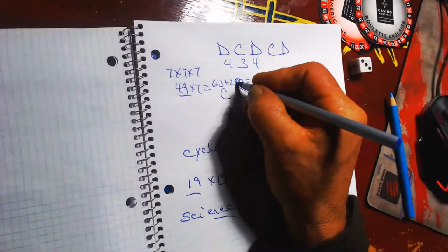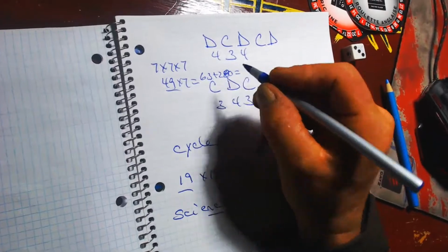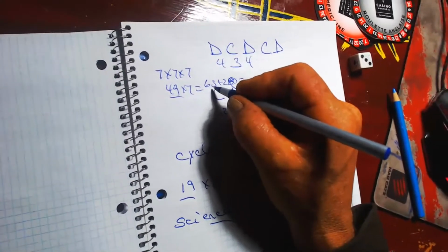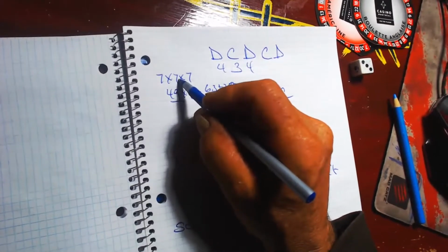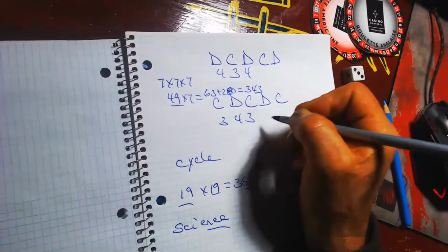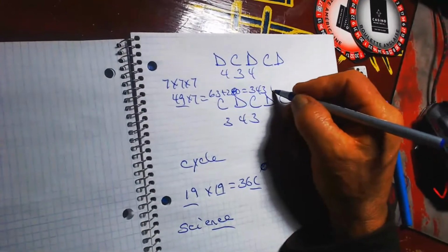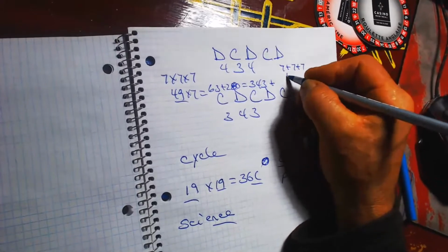This is 280. 280, which is the cycle of 11, the son of birth, the son of Christ through the gateway. The total is 343 plus 7 plus 7 plus 7 equals 14.